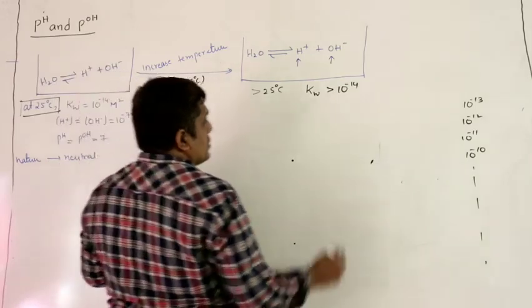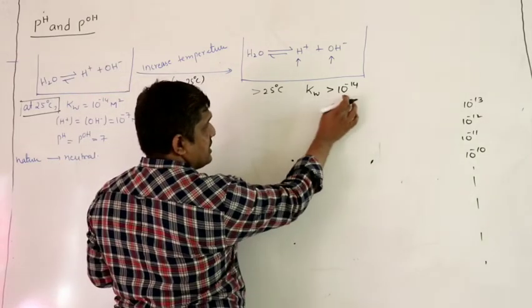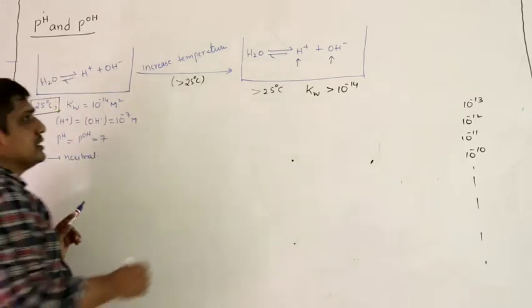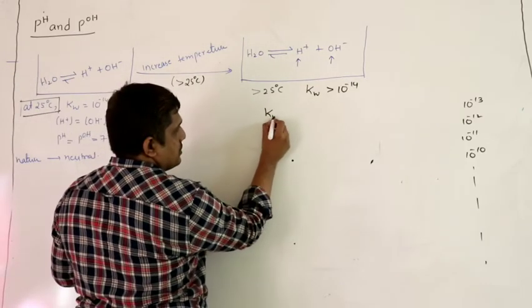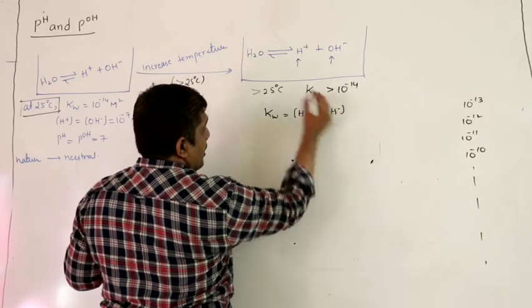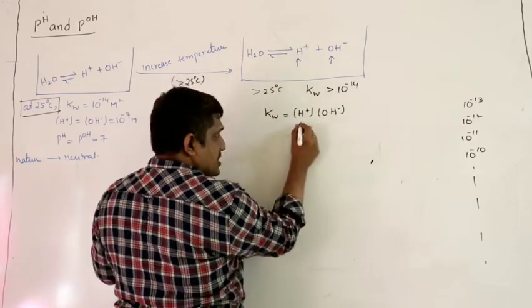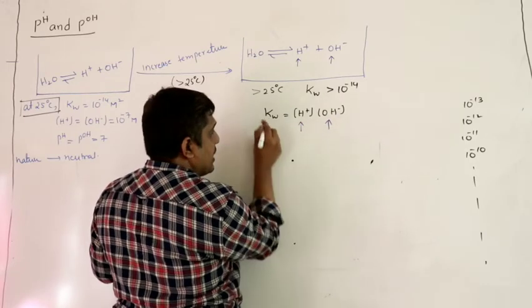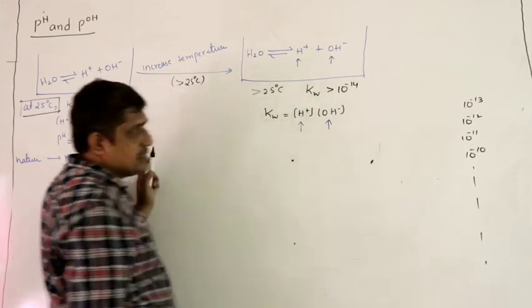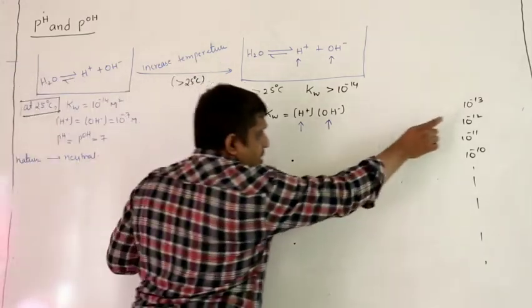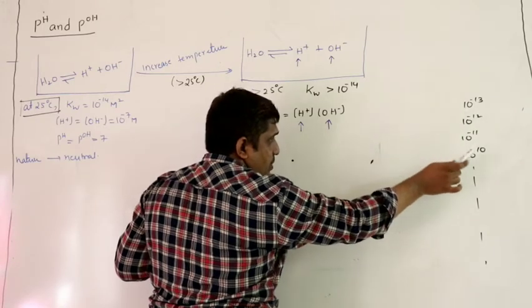So why is it increasing? Because both H plus and OH minus ion concentrations are increasing. Remember, Kw equal to H plus times OH minus. With increase in temperature, H plus ion concentration increases, OH minus increases, and they increase by the same factor. Therefore, Kw will increase.